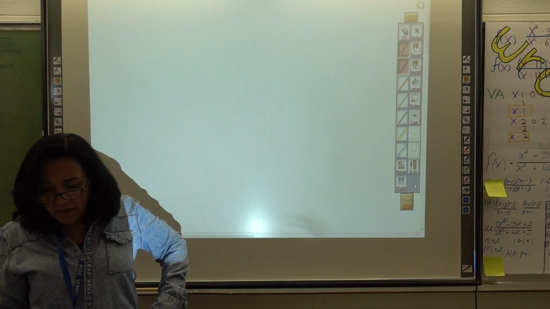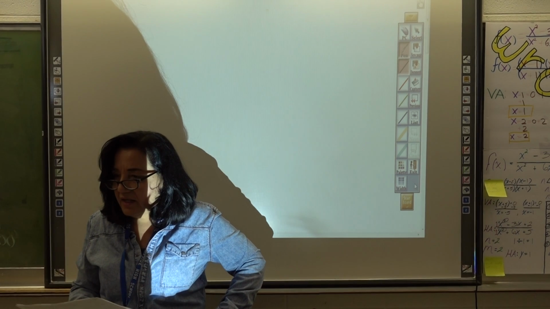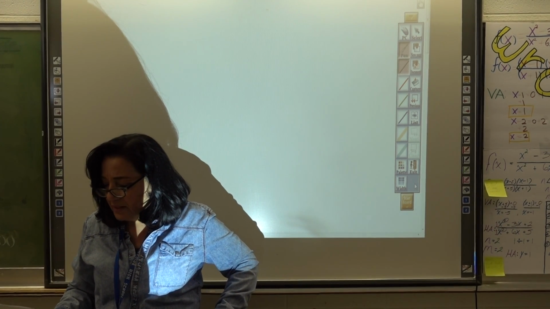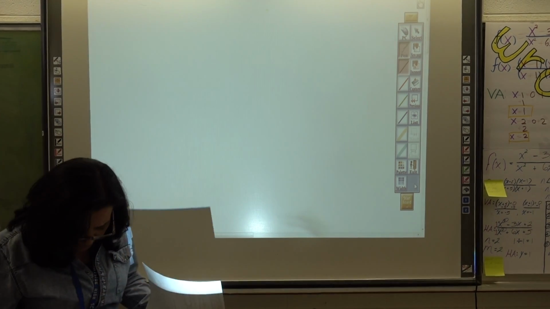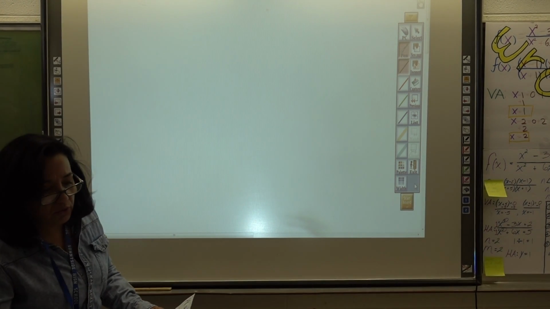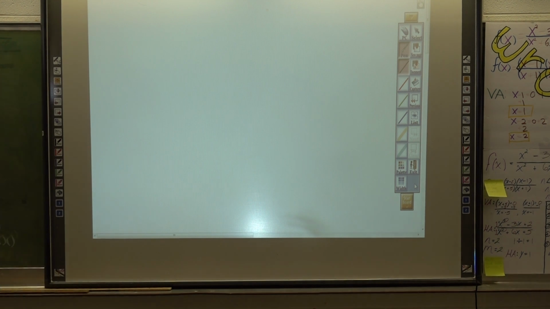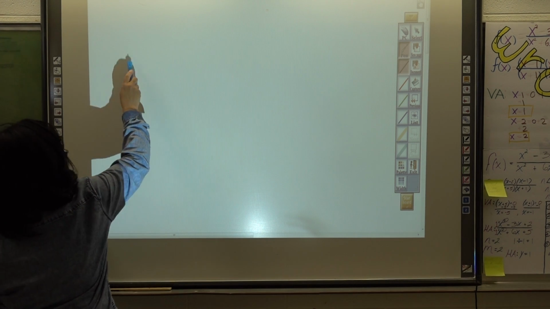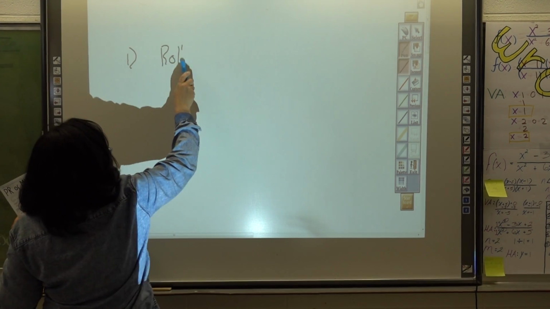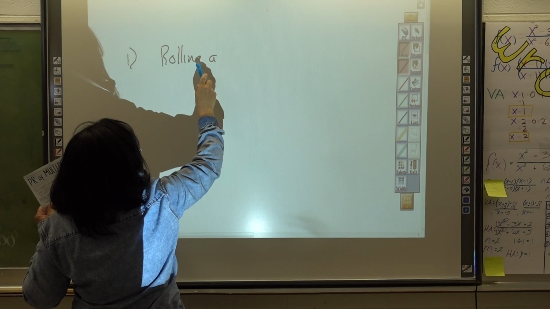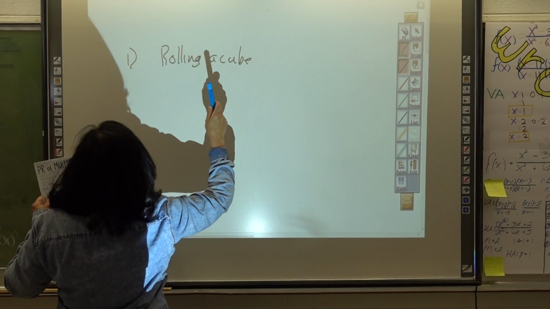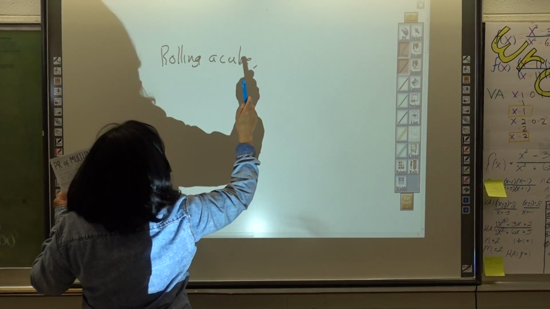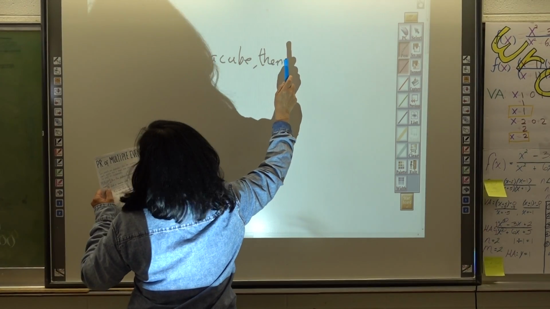So problem number 1, we're going to identify if we have dependent or independent events. For example, number 1, rolling a die or a regular cube. It has 6 sides. And then spin a spinner.